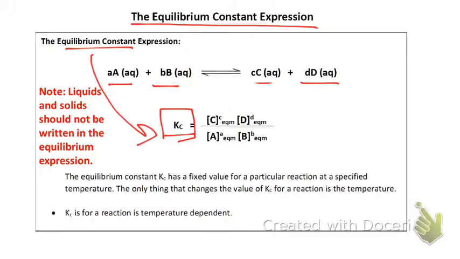This is not the rate constant that we learned in kinetics, and that's why we use a subscript c to indicate a difference between the rate constant that we learned in the rate law and the equilibrium constant that we see in the equilibrium expression using Kc. So don't get those confused.